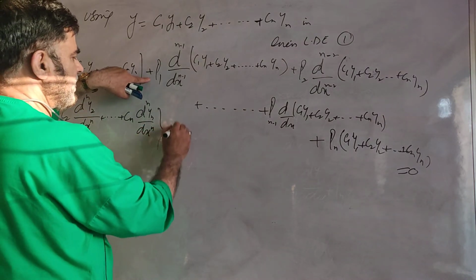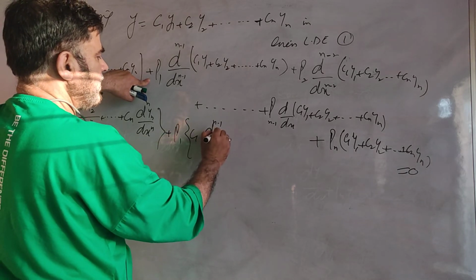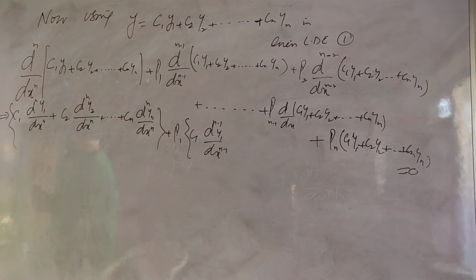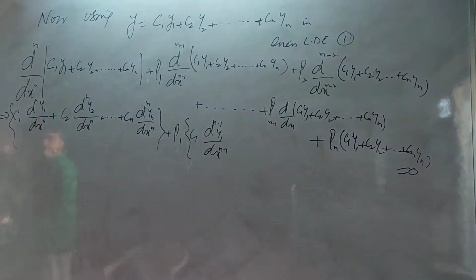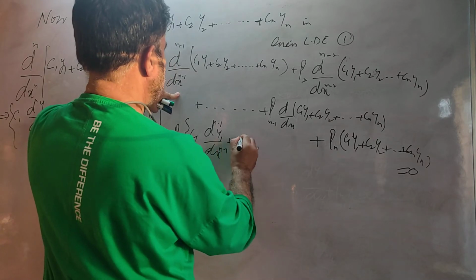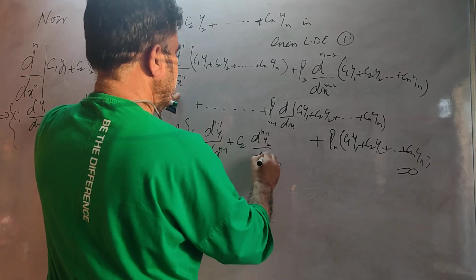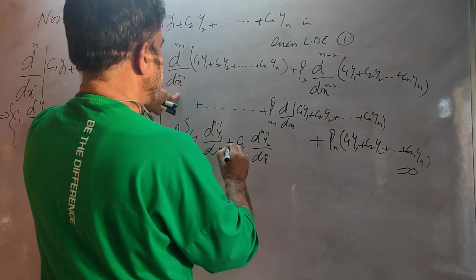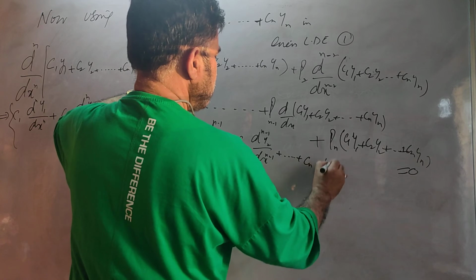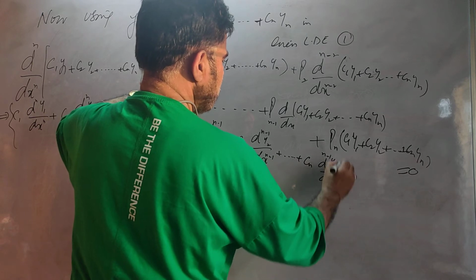Similarly, here you can write p1: c1 d^(n-1) y1/dx^(n-1) + c2 d^(n-1) y2/dx^(n-1), and last, plus cn d^(n-1) yn/dx^(n-1).